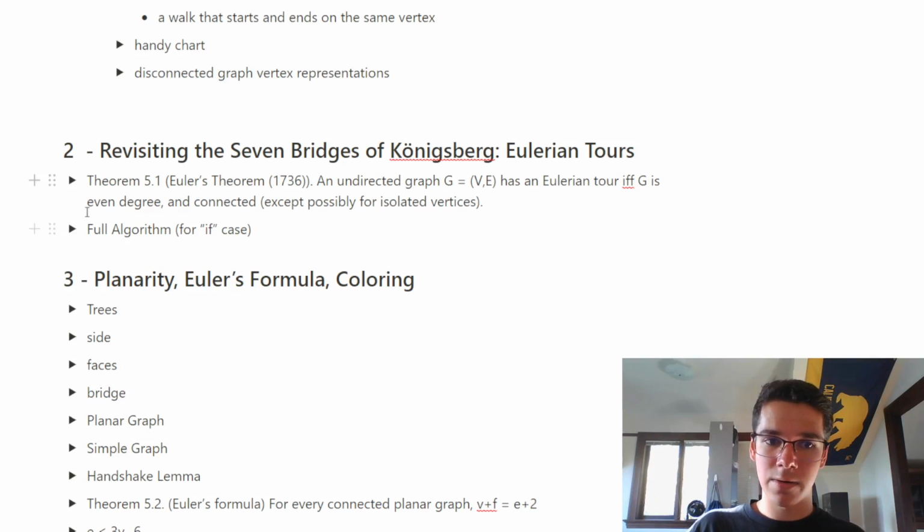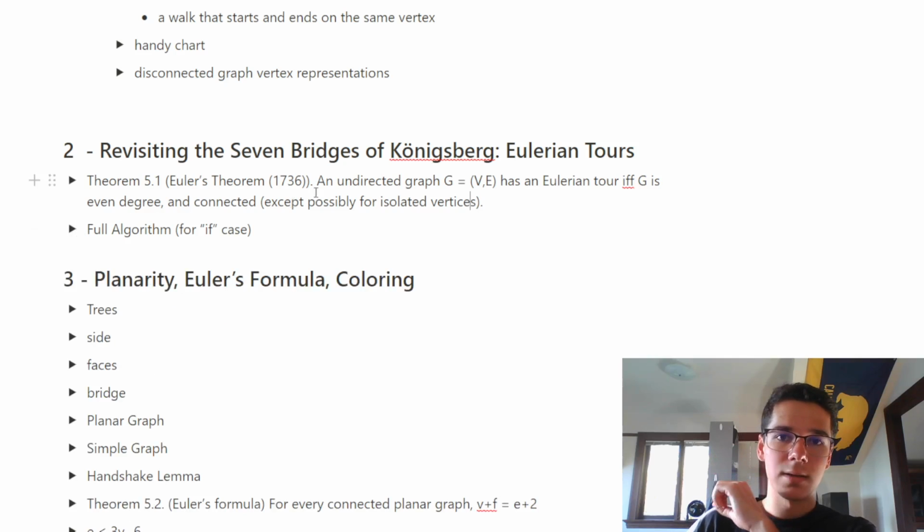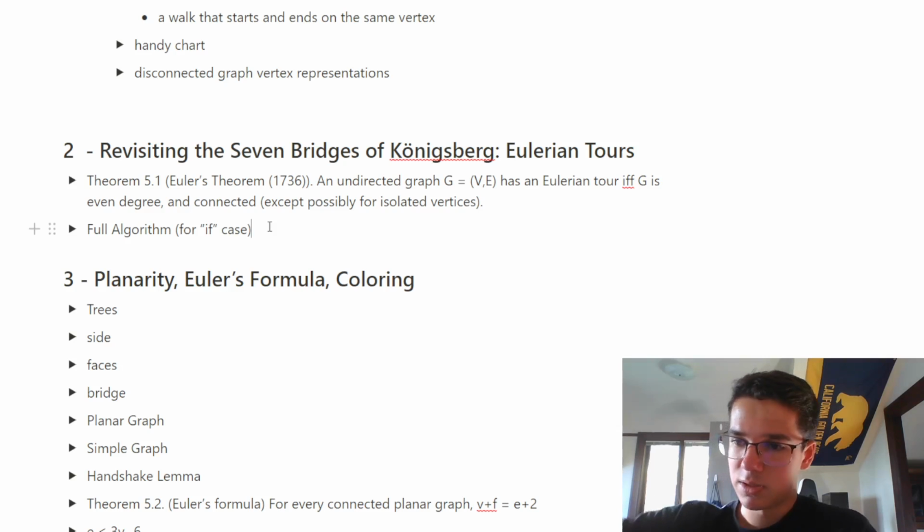But we're going to say now that if it's connected and has even degree, then we can perform an Eulerian tour. The notes mention something called a find tour method, but I had to watch the lecture for this, and I believe they did a much better job in lecture explaining this than they did in the notes.